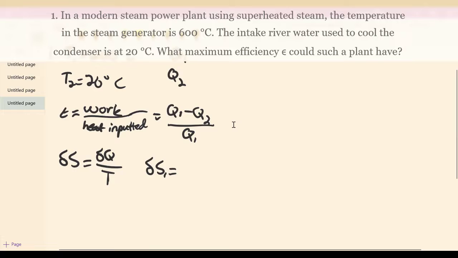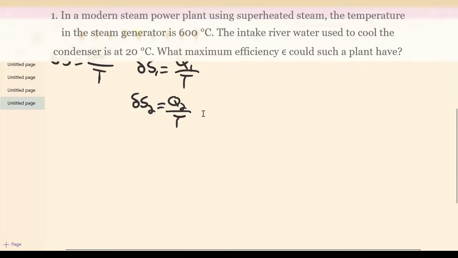But in this case, we can just denote it as the Q1 from earlier, because that's already the heat being inputted, or the heat that is changing. Similarly, this delta S2 is equal to Q2 over T, because Q2 is the heat being removed, which is also changing heat.